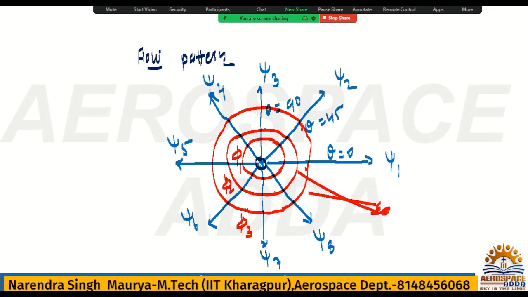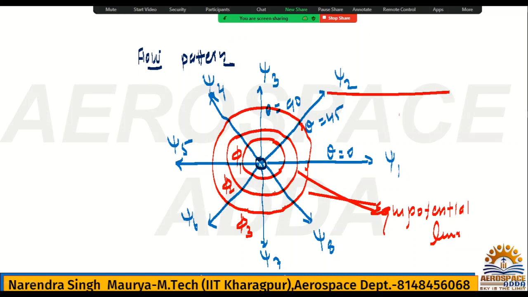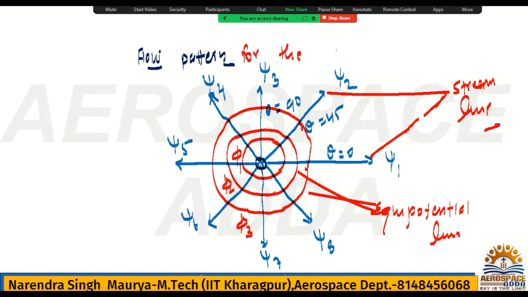These are the equipotential lines and these are the streamlines. So this is the flow pattern for the source.